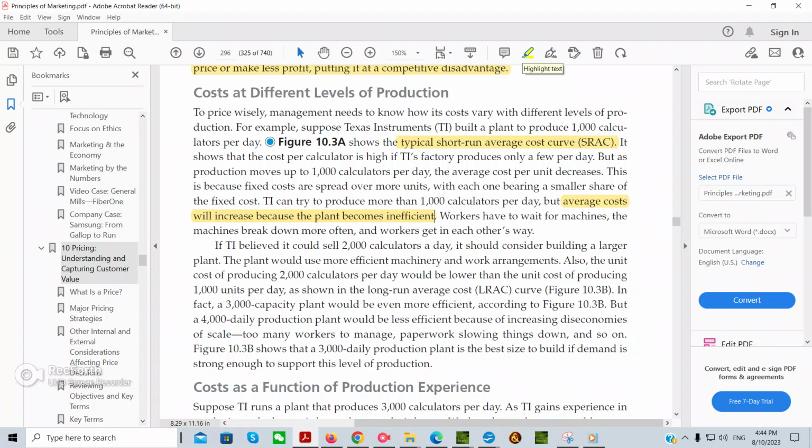It's two terms that mean the same thing. And then there's another consideration. Every plant that produces things can only produce a certain amount given the space. Suppose you had a bigger plant, you have more space to produce more, right?